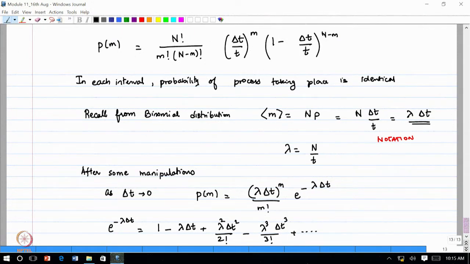As delta t goes to 0, you can truncate this and approximate it by only part of the expression, approximately 1 minus lambda delta t.